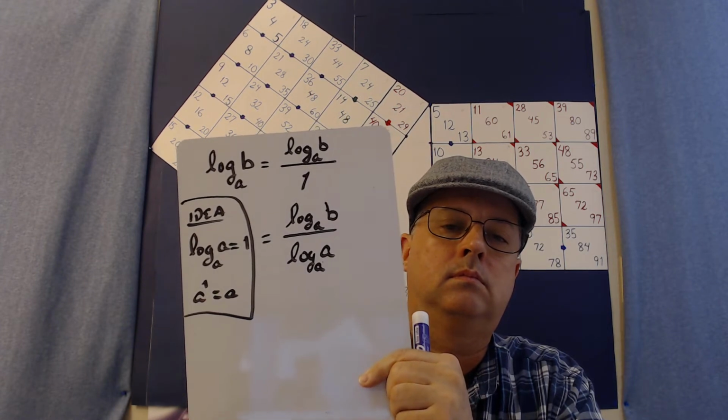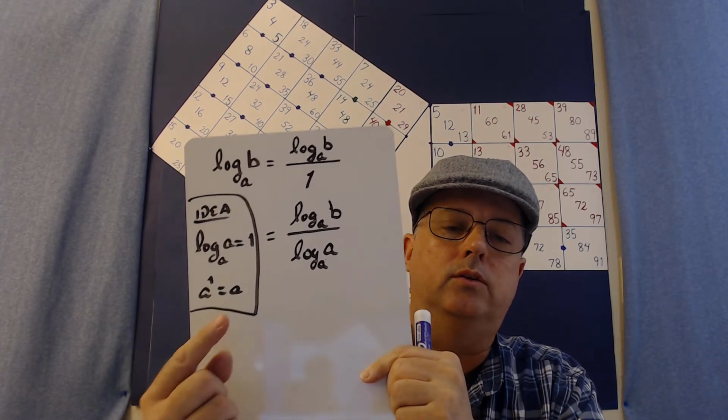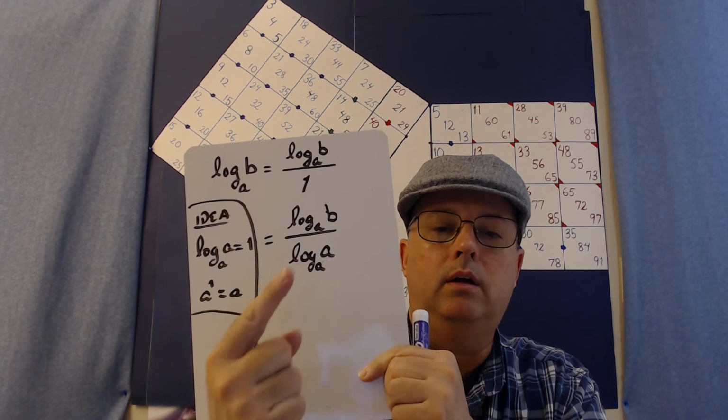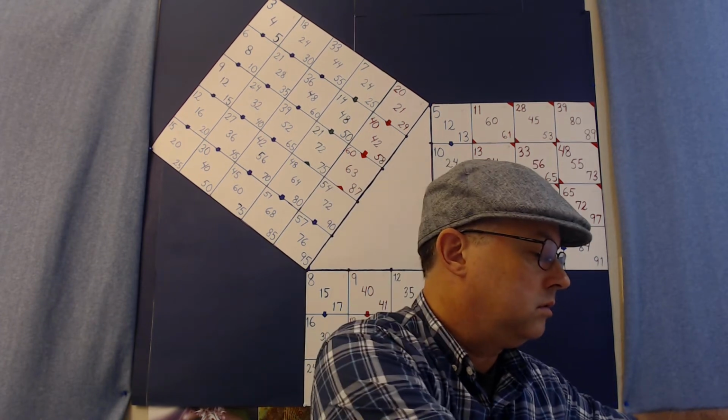Okay, and so now, remembering that logarithms are proportional, right? That's what we did in the previous video here. Logarithms are proportional. Let's write that down again here.